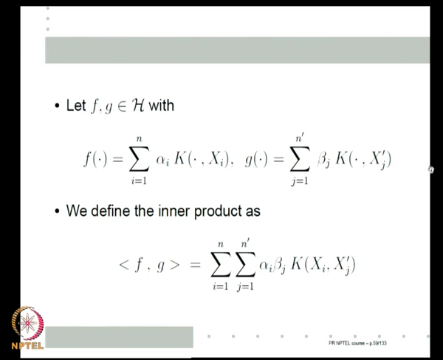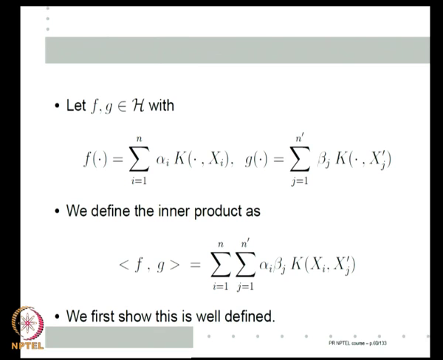If f is this and g is this, we define the inner product of f and g as the summation over i equal to 1 to n and j equal to 1 to n prime of alpha_i beta_j k(x_i, x_j prime). Of course, you have to show that this satisfies all the properties of an inner product. But before that, we have to first show that this is well defined.